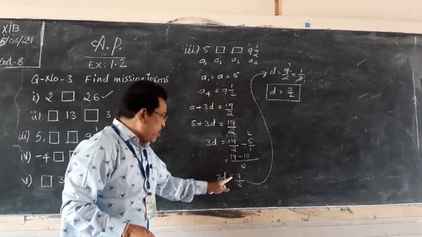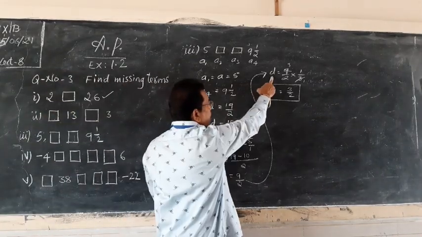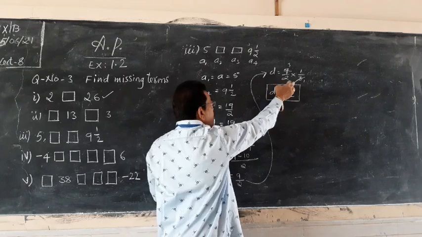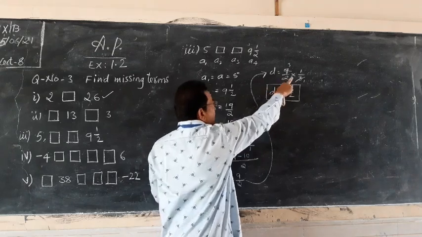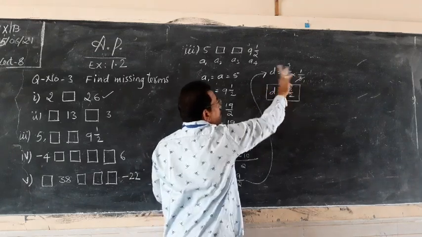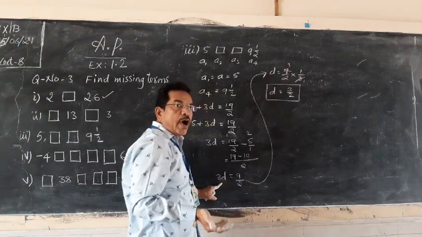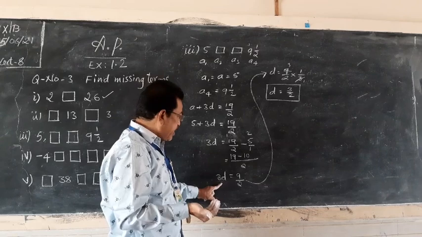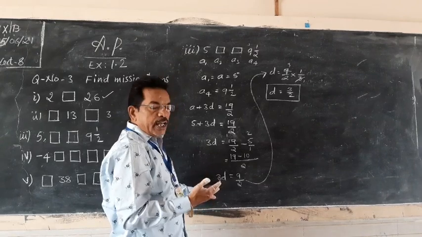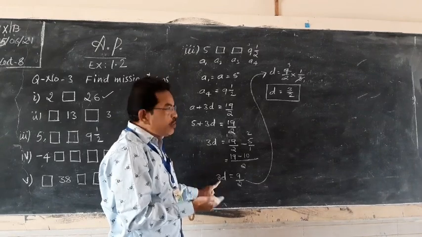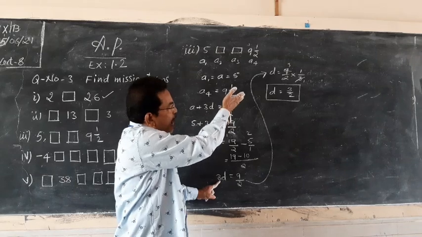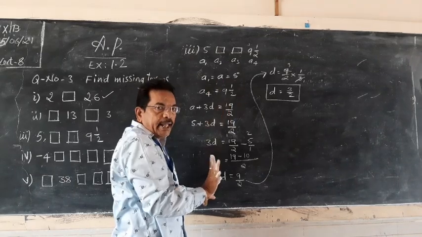That is 3d equals 9 by 2. Therefore, d equals 9 by 2 by 3. So by 3 means that I have kept 1 by 3. Don't confuse about that. From where have you got that 1 by 3? That is nothing but 3 has been transposed. So that has been kept as 1 by 3.